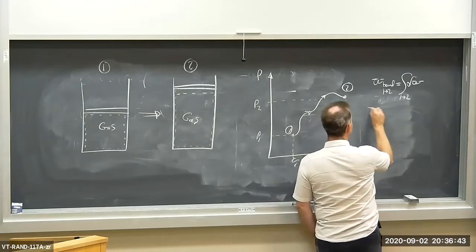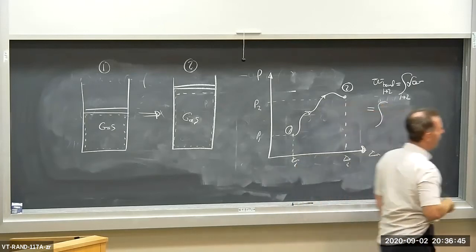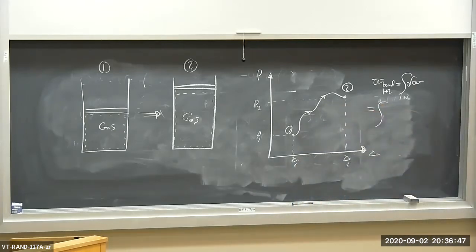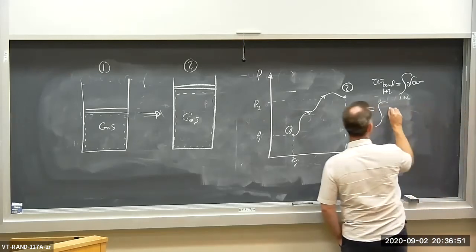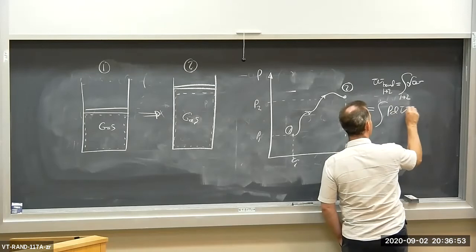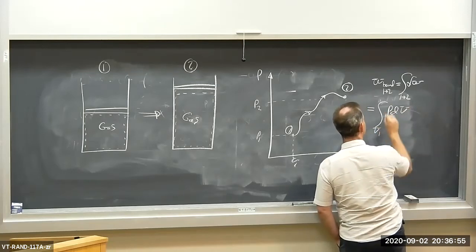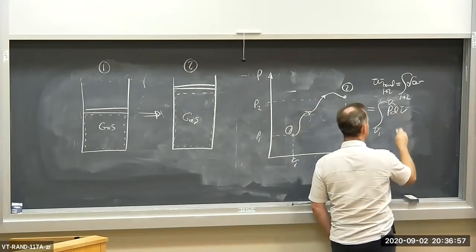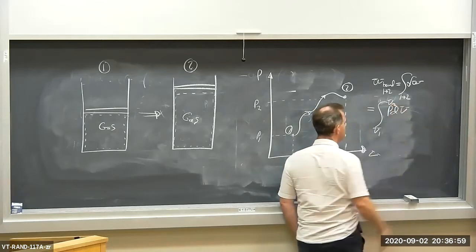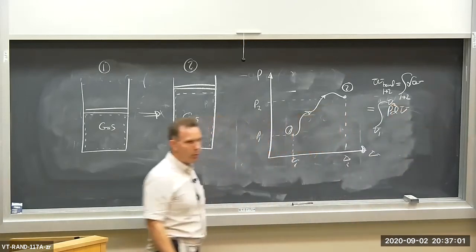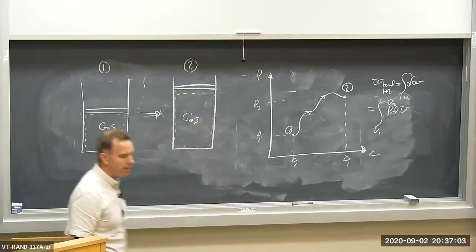And that's equal to the integral of PdV. Pressure times the differential change in volume as I go from V1 to V2. So the boundary work over the process is the integral of PdV.